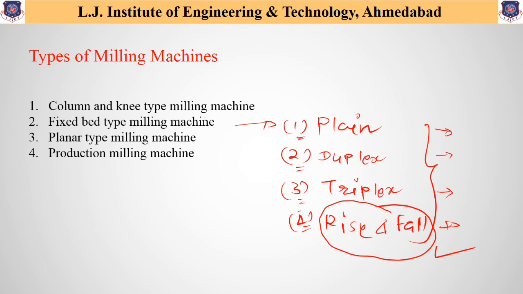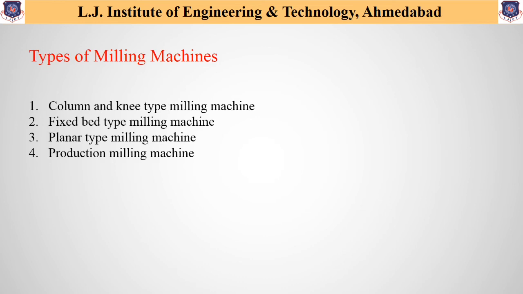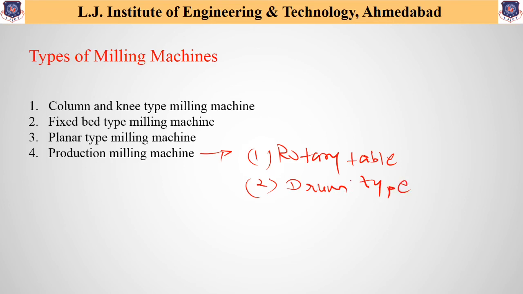And in this machine, if we classify, it has certain different machineries available, and based on the different parts available on this machinery, different movements can be obtained, and from these movements, this production milling machine is further classified as: first one, that is the rotary table or continuous type milling machine. Next one, that is the drum type milling machine.